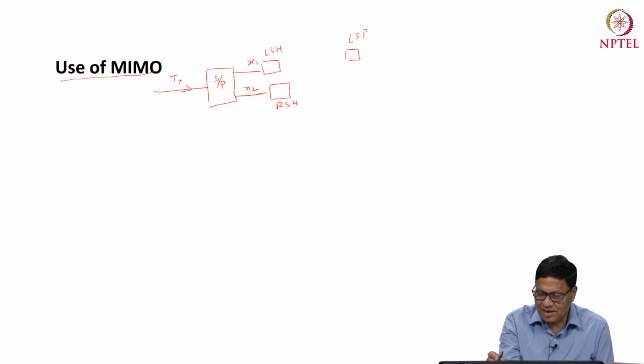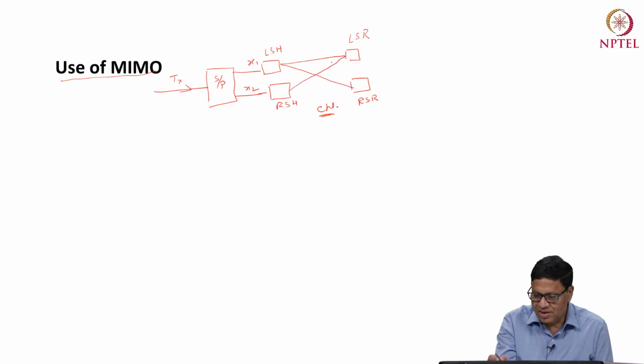This is say LSR, that is left side receiver. This is right side receiver, and this is the channel actually. So the MIMO channel will be, light will go here as well as here. It will go here as well as here, and these have channel coefficients Hij.